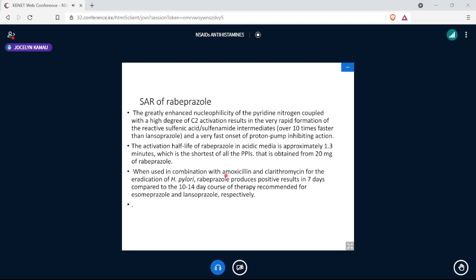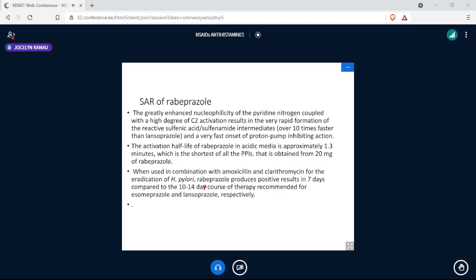And we have what we call the combi pack. Of course, when you do your pharmacology, you do much more of that. It has been found that when you combine amoxicillin and clarithromycin in a combi pack, and you give this together with either esomeprazole or rabeprazole as your anti-ulcer drug, then you can get eradication of the H. pylori, because H. pylori is one of the microorganisms found to be very difficult to manage in ulcers.